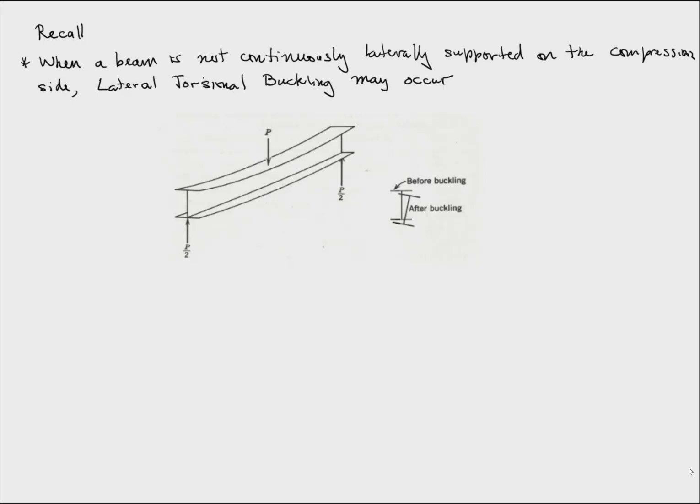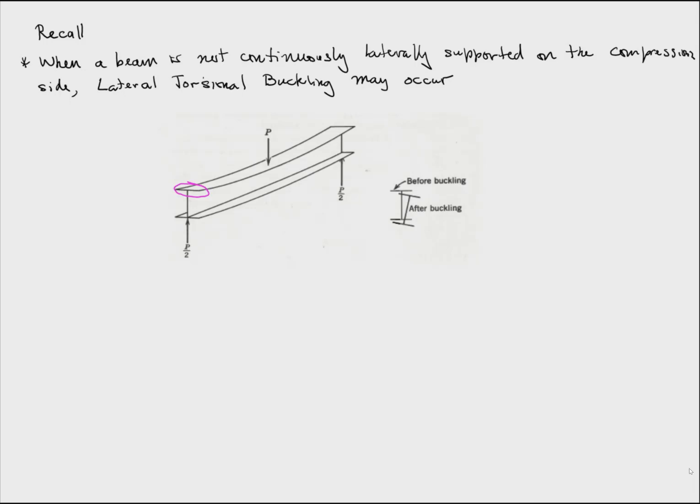Recall that in this beam, for example, the top flange is in compression, so it wants to buckle, causing the beam to deflect laterally and also twist, which is why it's called lateral torsional buckling.